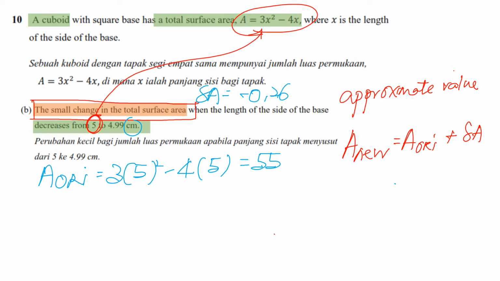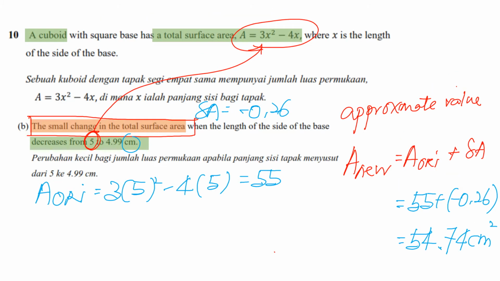Therefore, to get the approximate value for the area, it should be 55 plus negative 0.26. Get your calculator, 55 plus negative 0.26. You get your answer as 54.74 centimeter squared.